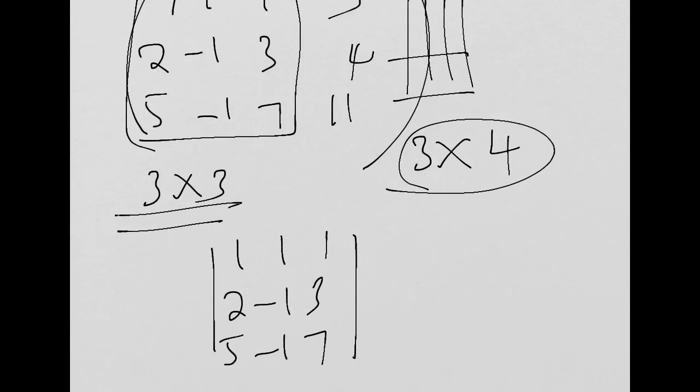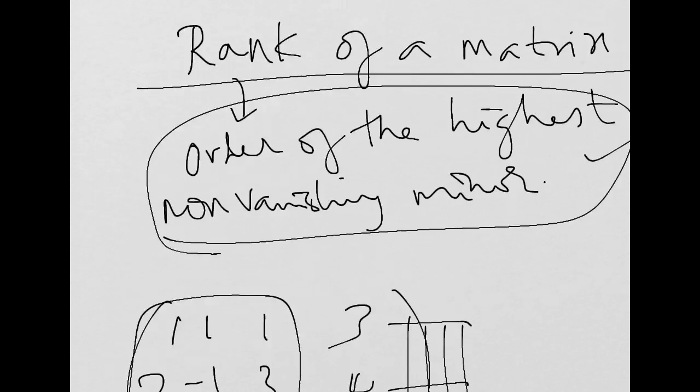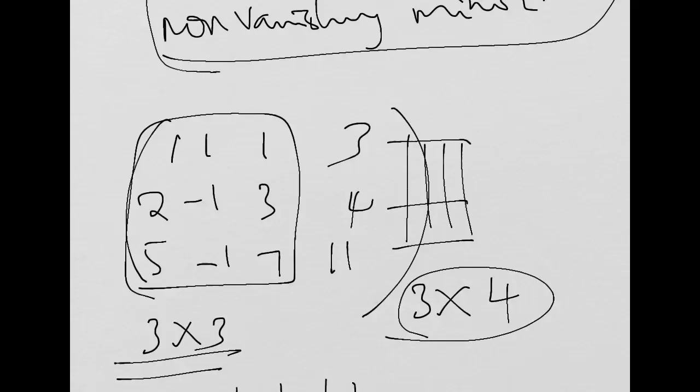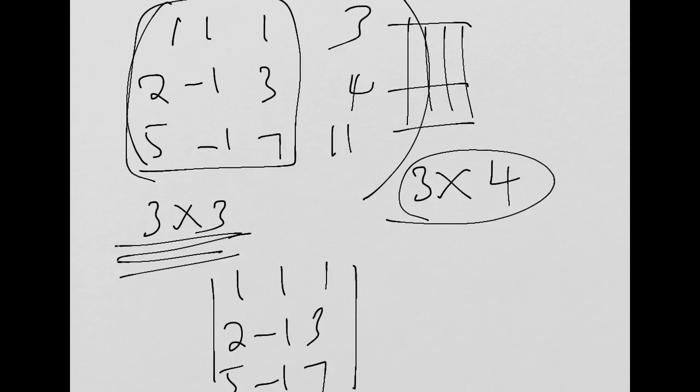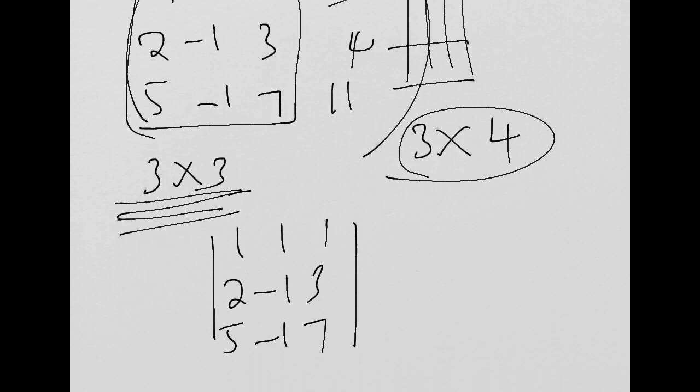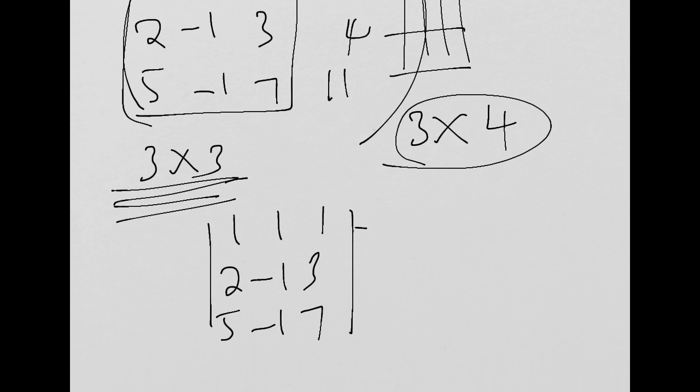Can you understand? In the given 3 cross 4 matrix, I have tried taking a maximum order out of it, which is a 3 cross 3. And I'm going to check whether the value of this is 0 or not. How will I do it? By expanding: 1 into minus 7 plus 3, minus 1 into 14 minus 15, plus 1 into minus 2 plus 5. We know how to expand, right?